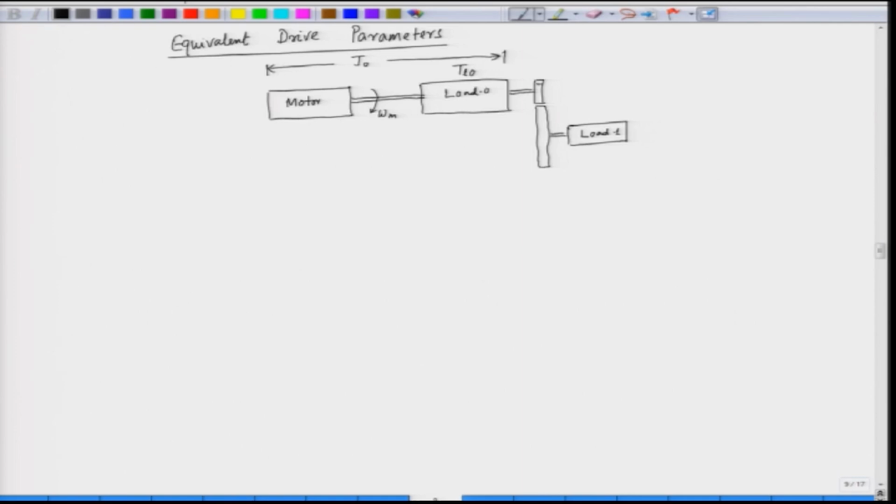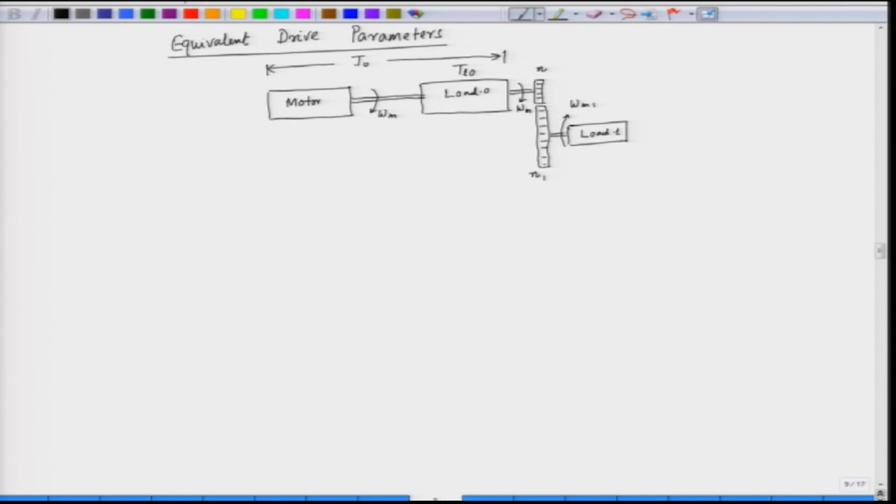When we have these gears, the gears will have a teeth mechanism. The motor side gear has number of teeth n, and the load side gear has number of teeth n1 here. This is the motor side speed omega m, and the load is being driven at speed omega m1, because the gear ratio is not 1.